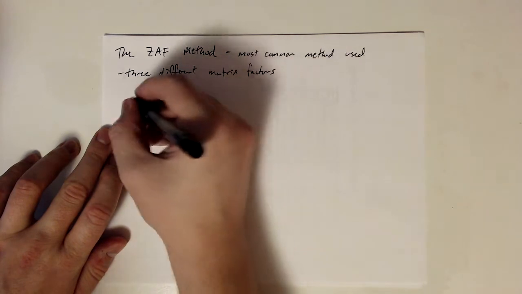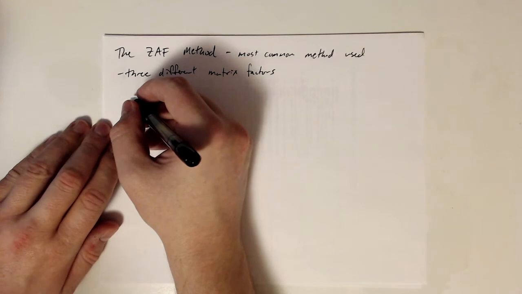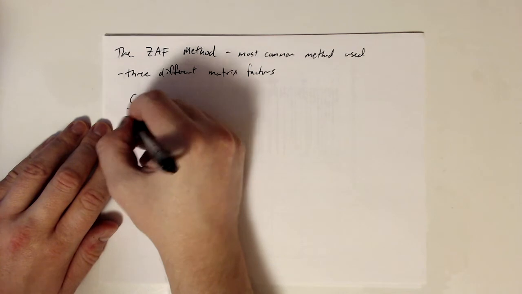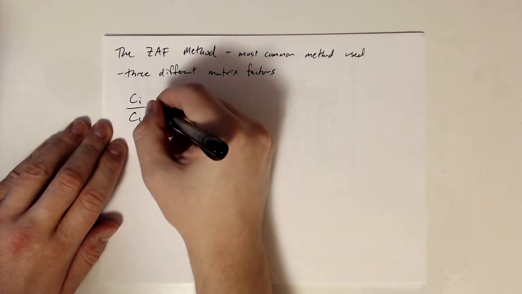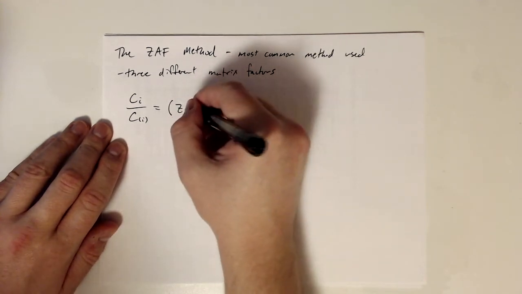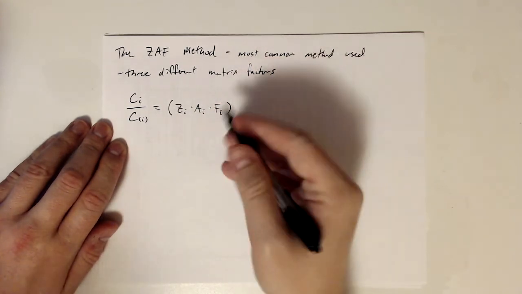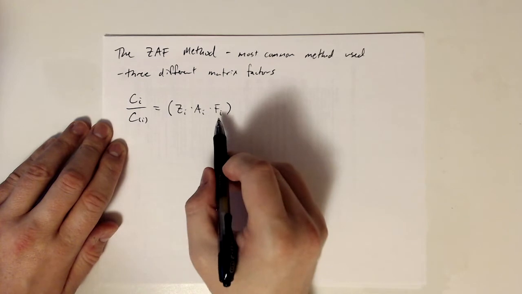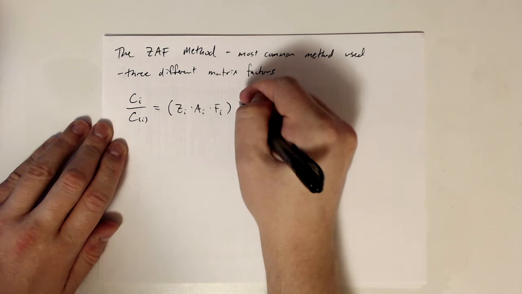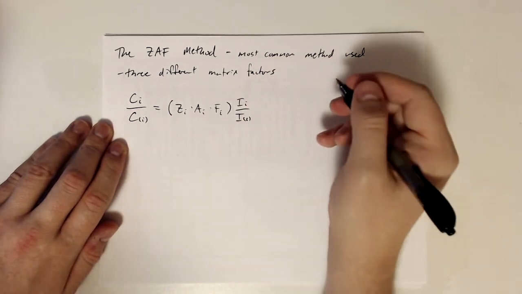So I'm just going to go ahead and give you the equations used. We can look at the concentration of a component i compared to another concentration, and that is equal to the matrix factors, Z, A, and F, all with the subscript i for that component, multiplied by the ratio of intensities.